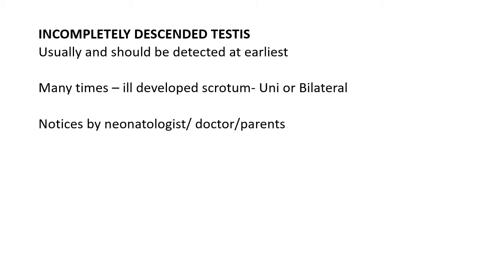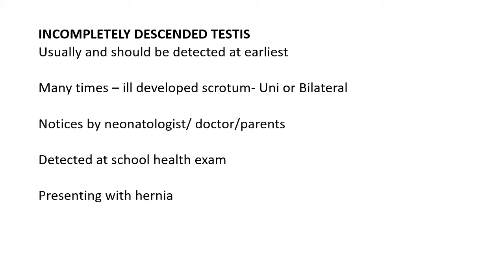Early diagnosis in children is common when the childbirth is attended by a neonatologist or the doctor. The later diagnoses are usually made by parents, or the child can be detected as having an incompletely descended testis at a school health examination. Sometimes young patients who present with a hernia are noted to have an incompletely descended testis.